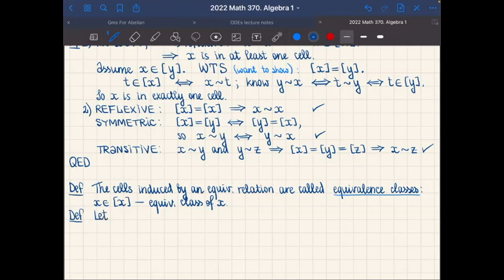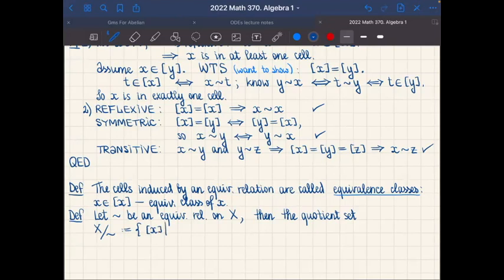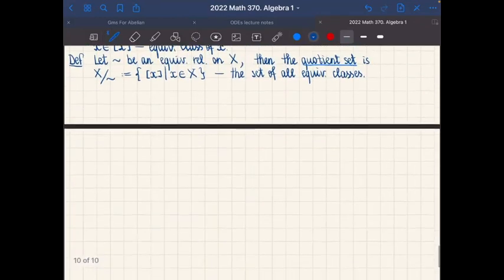And if we are given an equivalence relation, then we can define the quotient set. It is denoted by X slash tilde, and it is the set of all equivalence classes. This can also be called the quotient by this equivalence relation.